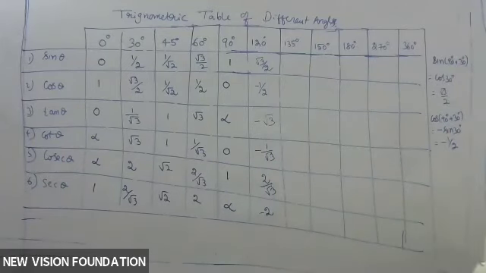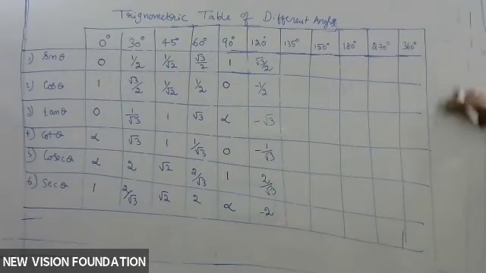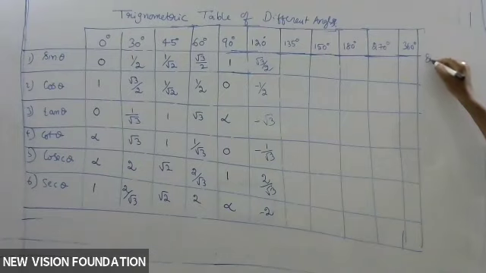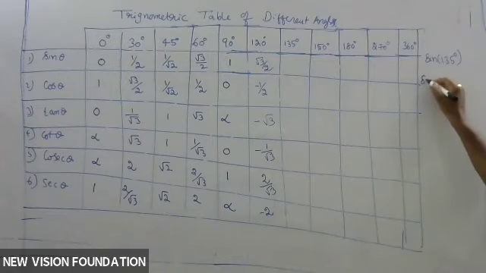The same way, we can get the angles for 135 degrees, my dear students. How are we going to get this 135 degrees? Please observe. For example, sine 135 degrees, you can write it as sine 90 degrees plus 45 degrees.